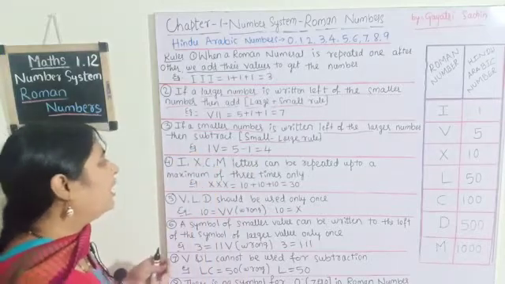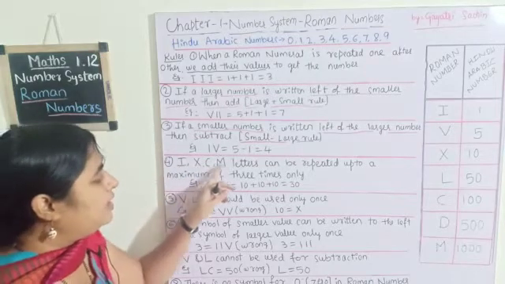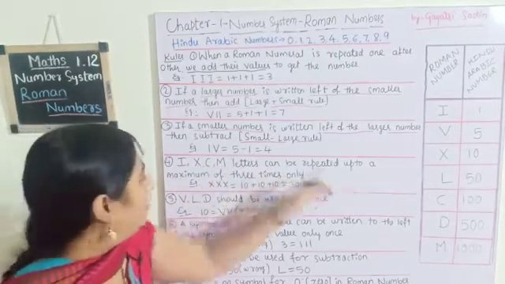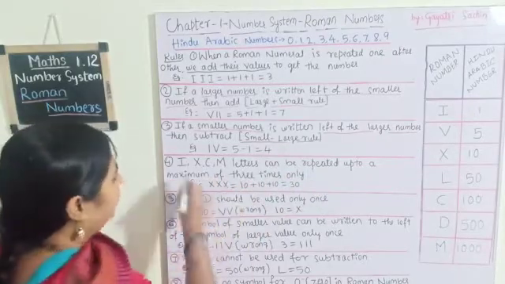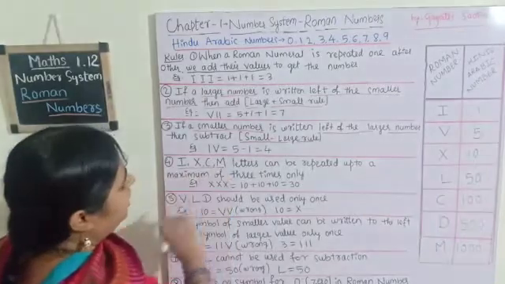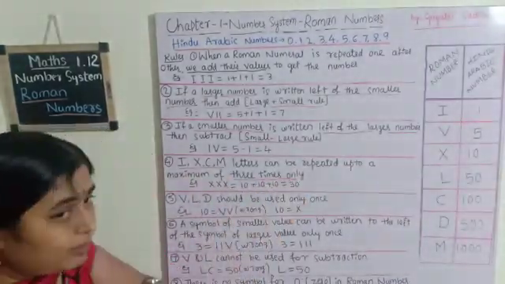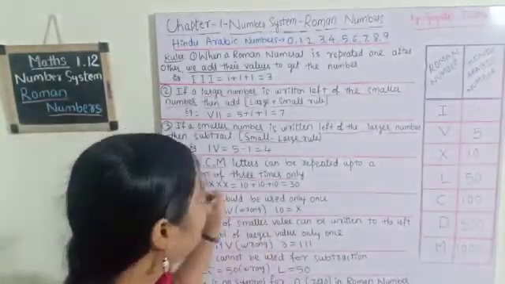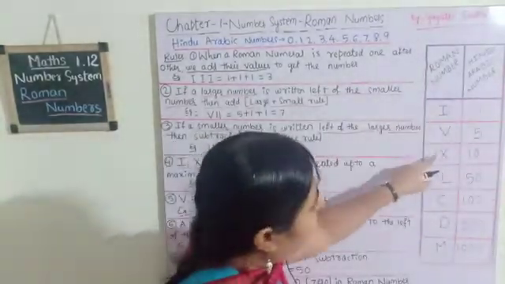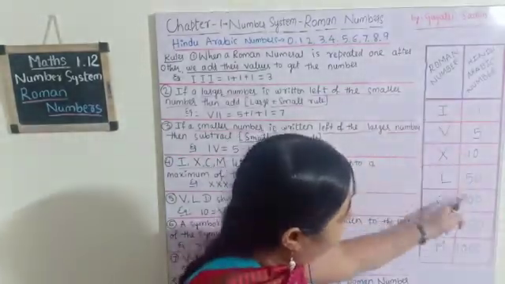And coming to the next rule, it says I, X, C, M letters can be repeated up to a maximum of 3 times only. These 4 letters can be written a maximum of 3 times only. Which are those? I, X, C, M: 1, 10, 100 and 1000.